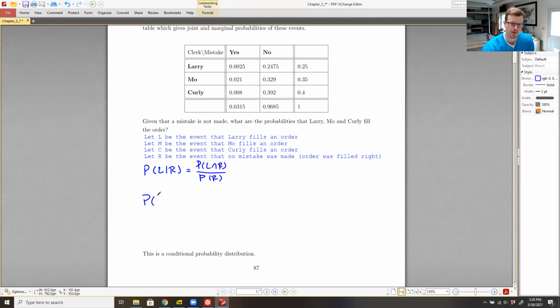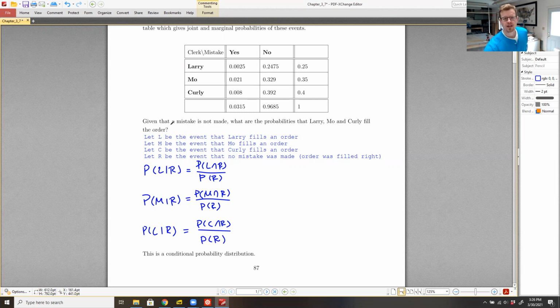Then we want the probability that Mo filled the order, given that the order was filled right: the probability of Mo filling the order and the order being filled right, divided by the probability that the order was filled right. And finally, the probability that Curly filled the order, given that the order was filled right, is the probability that both of those things occurred, divided by the probability that the order was filled right. So this is nothing new, right?